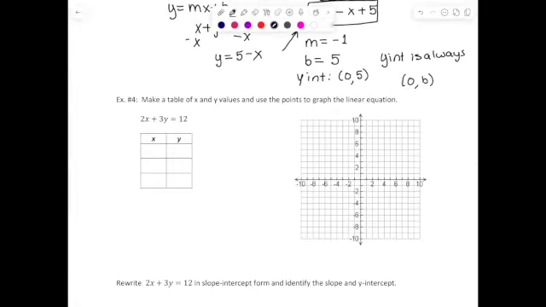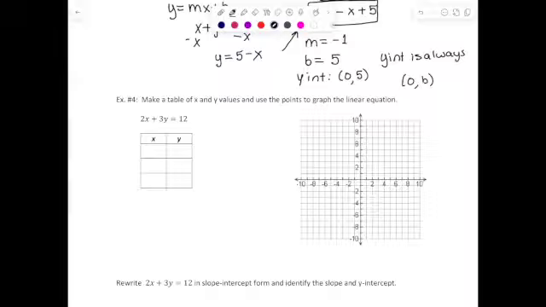All right, we want to make a table of x and y values and use the points to graph this linear equation. So this is a standard form. Now it depends on whose opinion it is how many points determine a line, because I know a lot of teachers are different, but in my opinion, by geometry, Euclid's Elements, 2 points do determine a line.